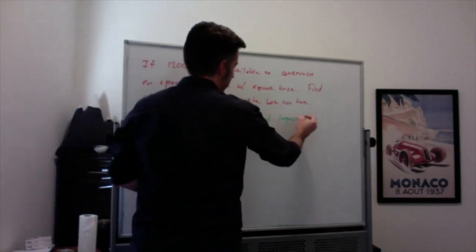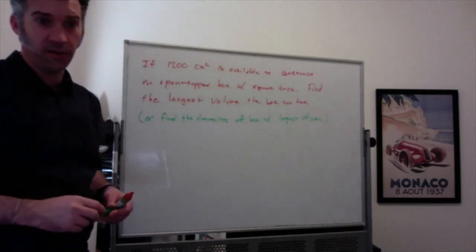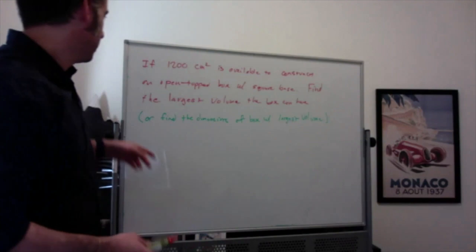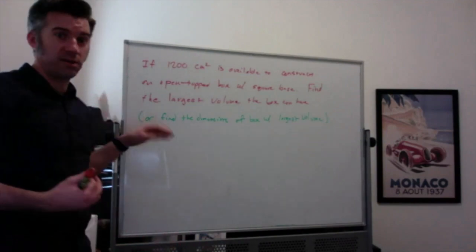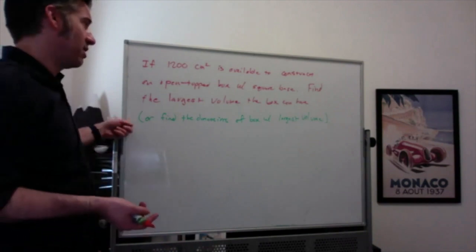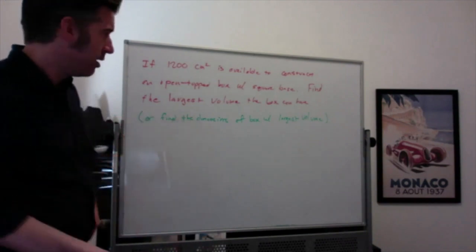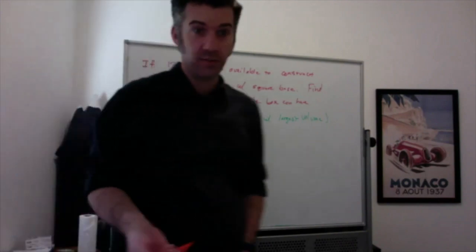But I want to point out how these questions, although very similar, are in fact different. In this question in red, we're going to just find what the actual volume of the biggest box is. This question in green, we're going to find the dimensions of that box and say, oh, it's a this by this by this box. Either way, we should draw a picture.